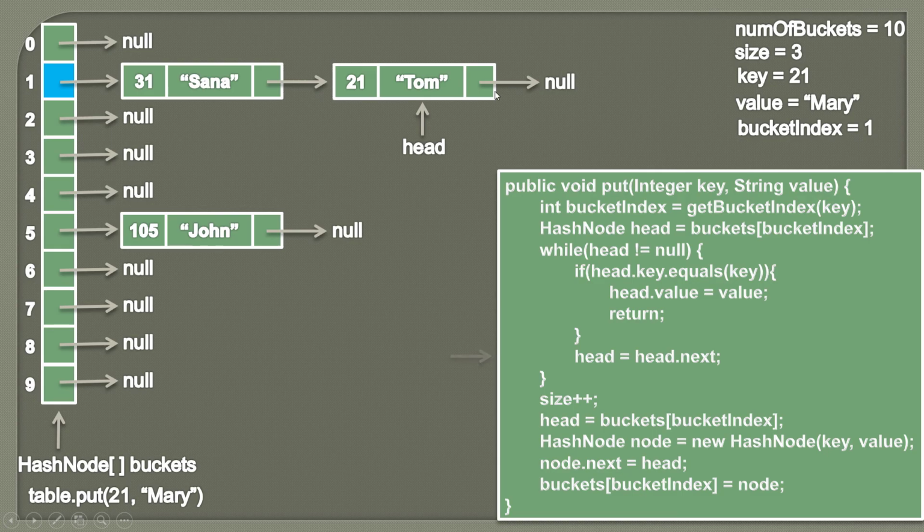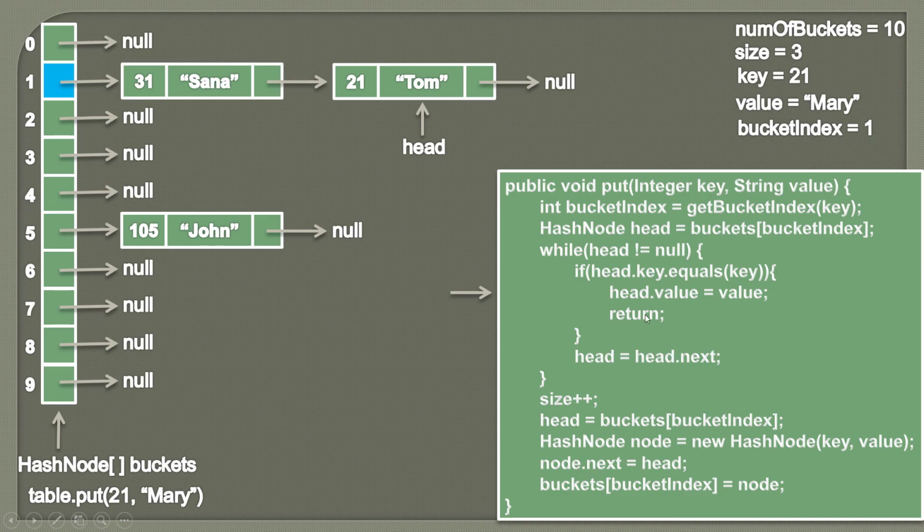So after this assignment, we again check whether head is equal to null or not. We encounter one more hash node, so head is not equal to null. But now you can see head.key is 21. It is equal to our key 21. So this condition comes out to be true, which means that key is already present in our buckets array. So we don't increment size here.